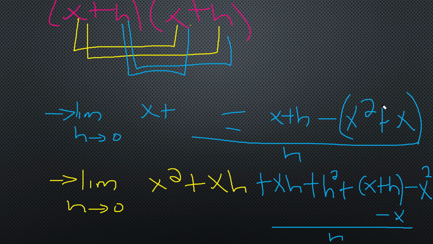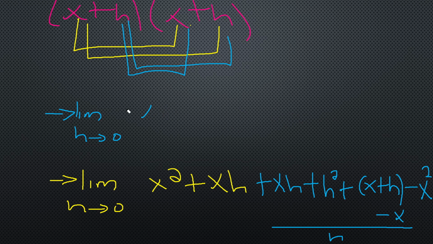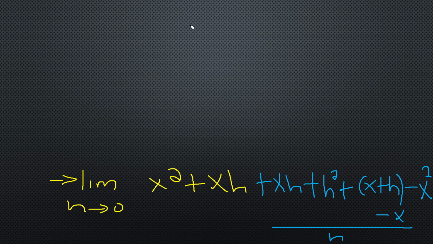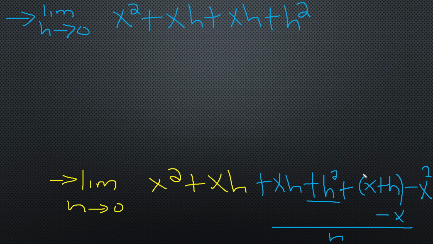So I'm going to erase everything. I'm sorry that I did not present that part clearly because of the space, but I just want to rewrite everything up here, so the limit as h approaches 0 of x squared plus xh plus xh plus h squared plus x plus h minus x squared minus x, all over h.